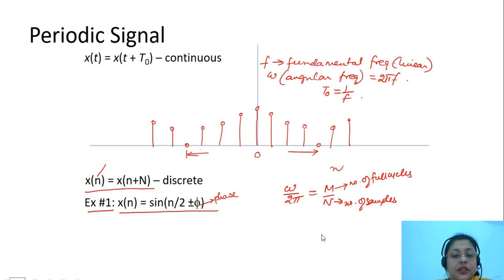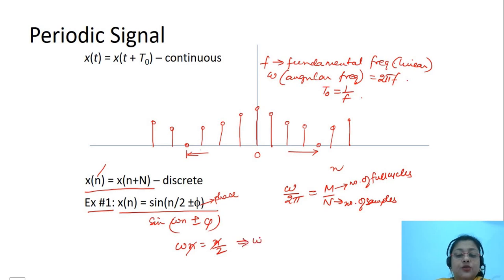Now let us come to this equation, x[n] equal to sin(n by 2 plus or minus phi). So how to check whether this signal is periodic or not? You have to check it with sin(omega n plus or minus phi). Now here omega n is equal to n by 2. So you cancel n, which leads to omega is equal to 1 by 2.